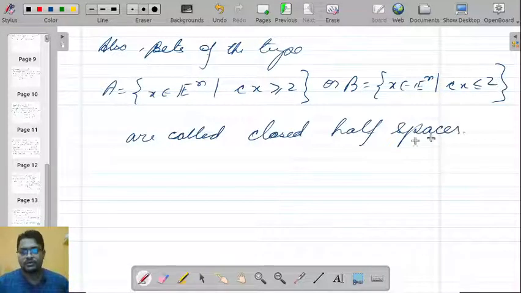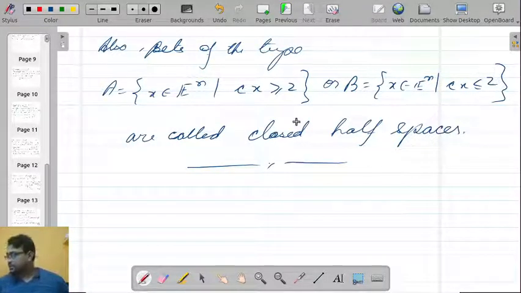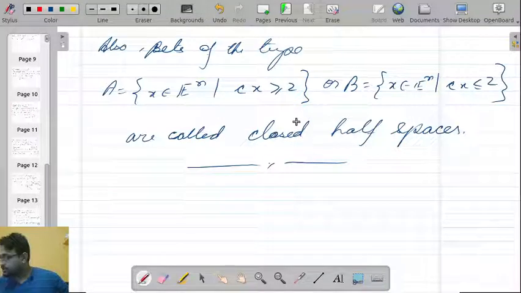So right half space, open half spaces, closed half spaces we have discussed.